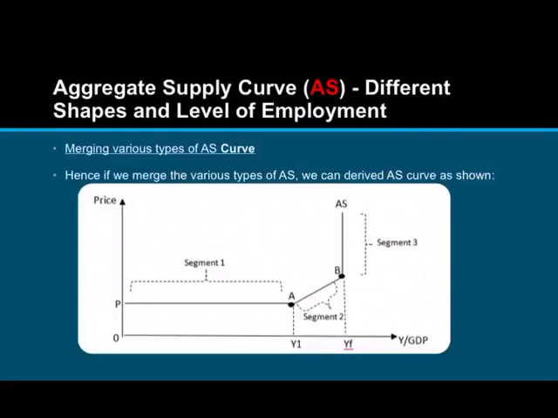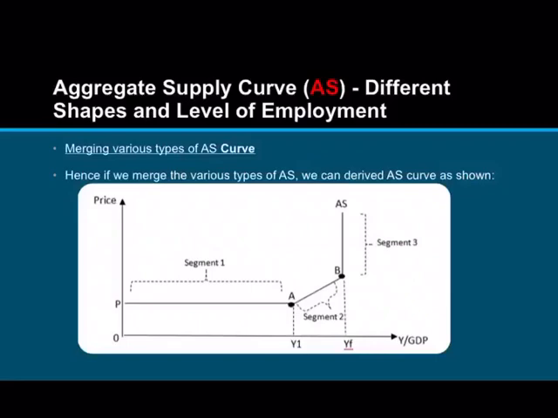If you take a look at this AS curve, you can see we have three segments. In segment 1, the AS curve is perfectly elastic, a horizontal line. Segment 2 shows a simple upward sloping AS curve.